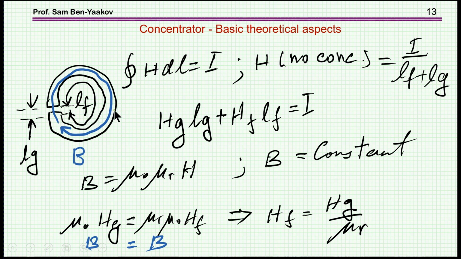However, in this case, we have to break this circular integral into two parts. One is Hg, the magnetic field within the gap, times the length of the gap, and the magnetic field within the ferromagnetic material times the path, the length here, Lf. These two are not equal, and that's the whole point. Now B is mu, total mu, times H, and B now is constant.